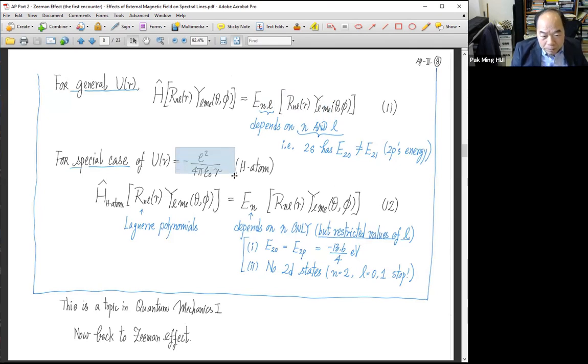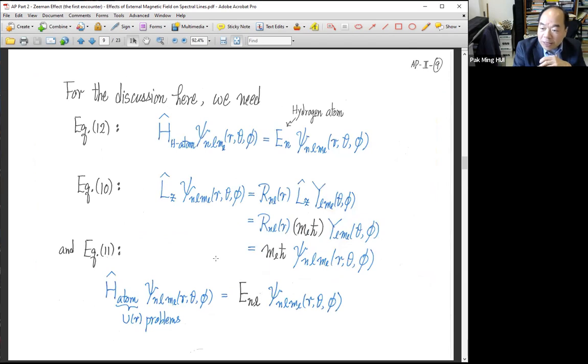For Coulomb, there's an accidental degeneracy. The energy only depends on n. This is not the most general dependence for spherically symmetrical potentials, but for the hydrogen atom, it turns out to be so. Okay? So this is a very quick and brief revision on hydrogen atom physics.